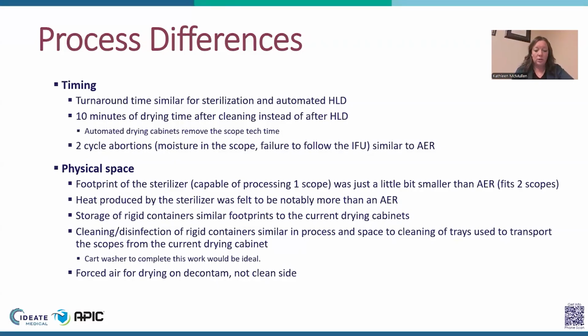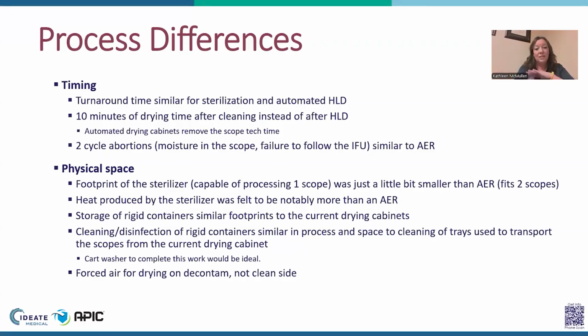So we do have one of the automated drying cabinets. So the 10-minute drying time prior to sterilization that required our techs to actually be sitting there doing the 10-minute air blow through was different for our techs because they were used to taking the scope straight from the AER into our automated drying cabinet.